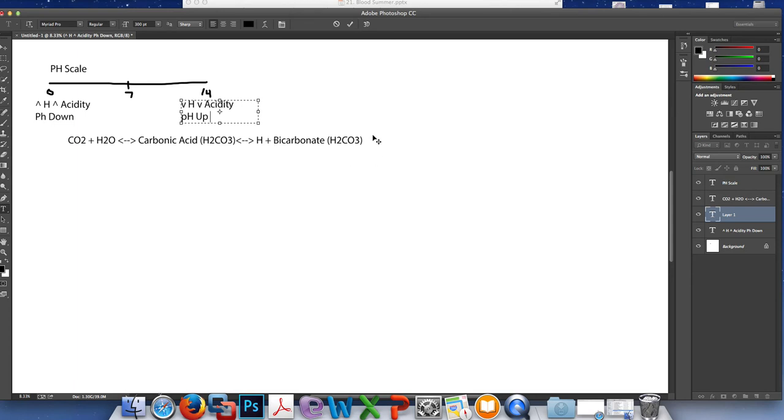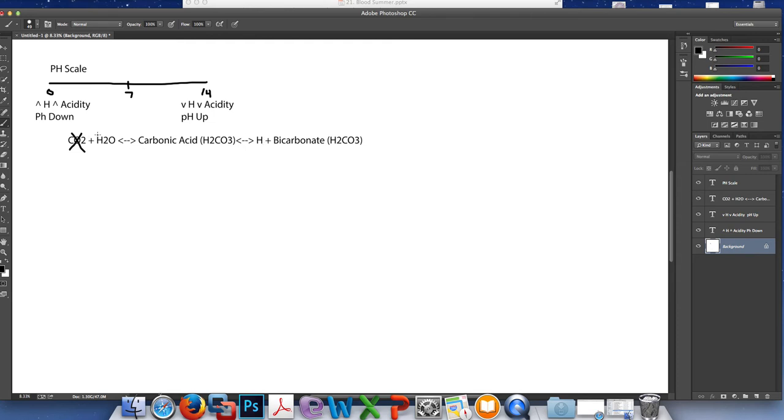So again, this bicarbonate in our blood is able to bind itself to hydrogen, kind of masking it in the solution. And eventually, we're able to break apart this carbonic acid formed by this bicarbonate and hydrogen binding into CO2 and water and breathe out the CO2. When we breathe out the CO2, we're left with water, which means we cannot become carbonic acid, which means that this hydrogen is no longer free floating.